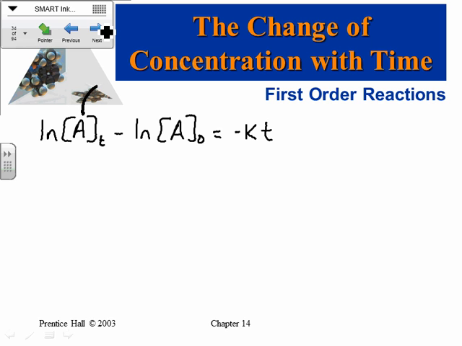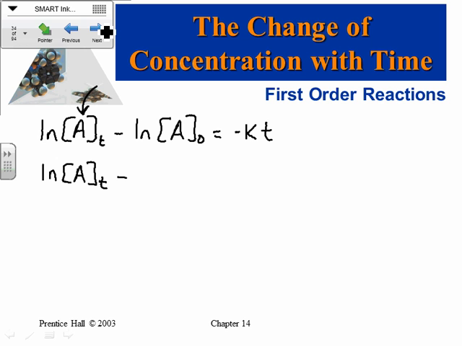What is this right here, this concentration, based on the information they give us? Okay, trying to trick you a little bit. That's what we're trying to solve for. So this is the one that we're going to keep as a variable.